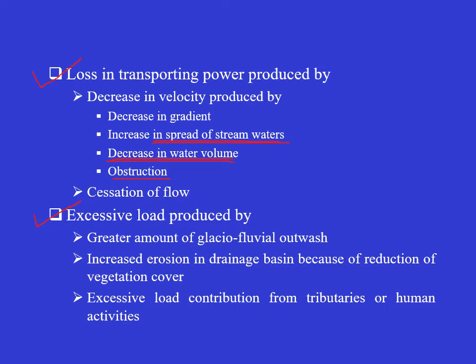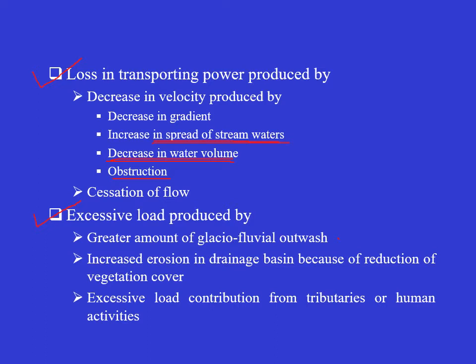That means the density and the viscosity of the fluvial water are changed. So with this changing physical property, the water has much more tendency to drop the sediments with a slight change in energy condition.